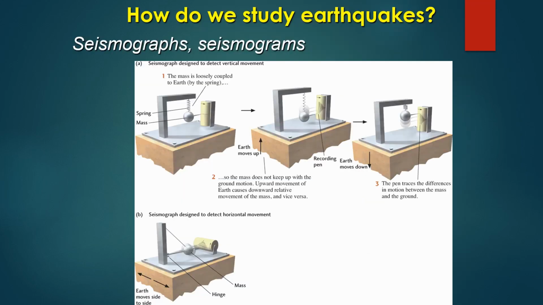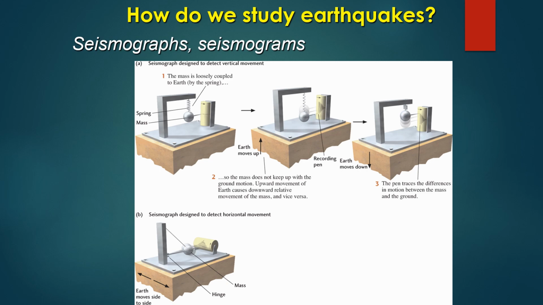Seismic waves are transported through the earth and make ground movements. To study earthquakes, the direct signal, the movement of the ground surface, must be recorded. The surface of the earth is where it is recorded.